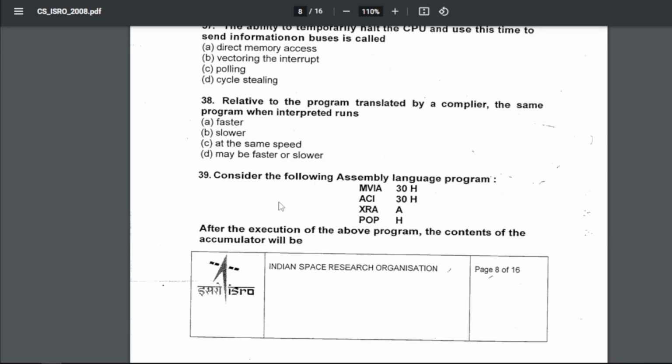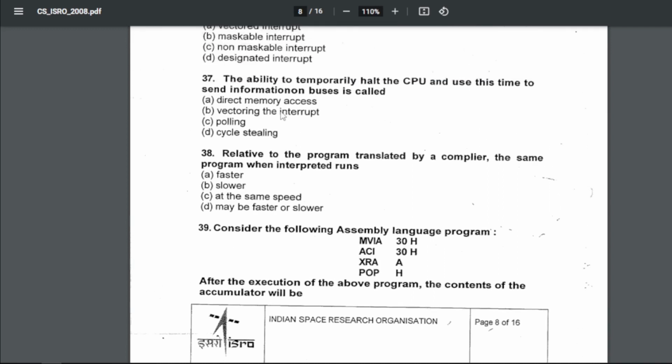A compiler scans the entire program and translates it as a whole into machine code. So it takes a large amount of time to analyze the source code, but the overall execution time is comparatively faster.